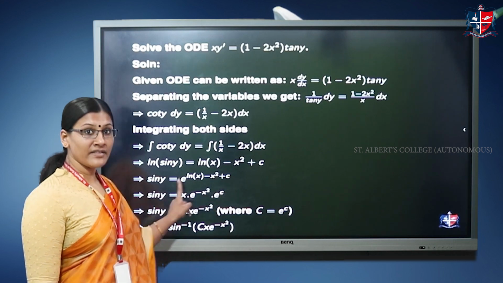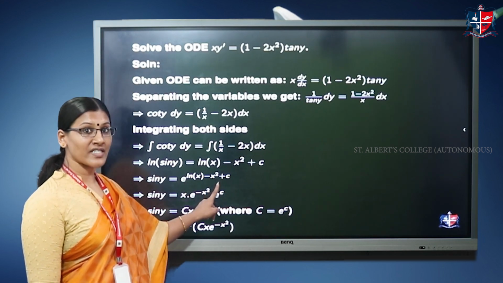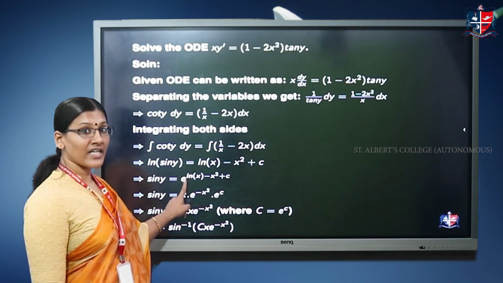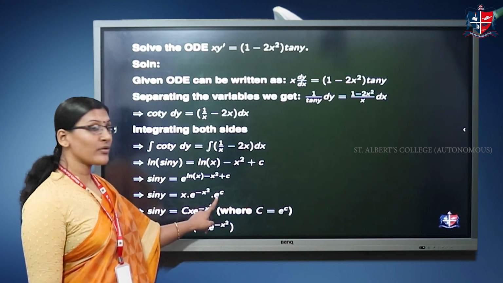Now we can split this as e raised to log x, e raised to minus x square, e raised to c. Again, since e and log are inverse functions, they will get cancelled, and here we will get x into e raised to minus x square into e raised to c.